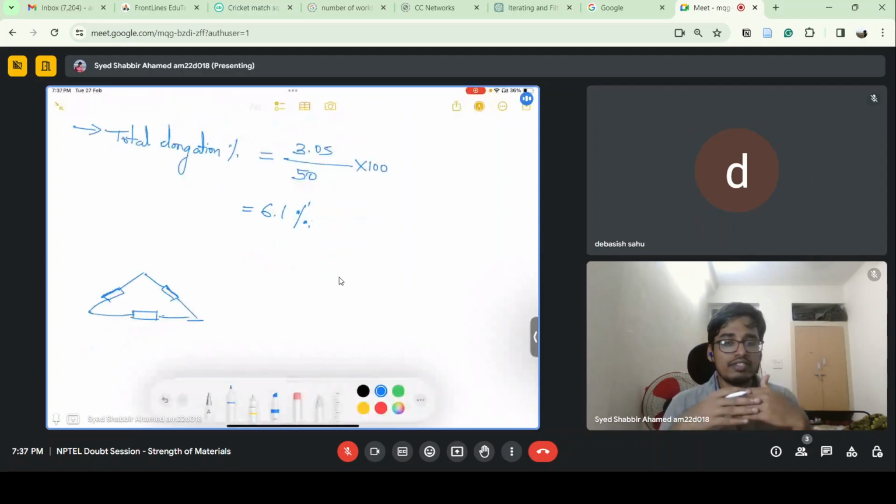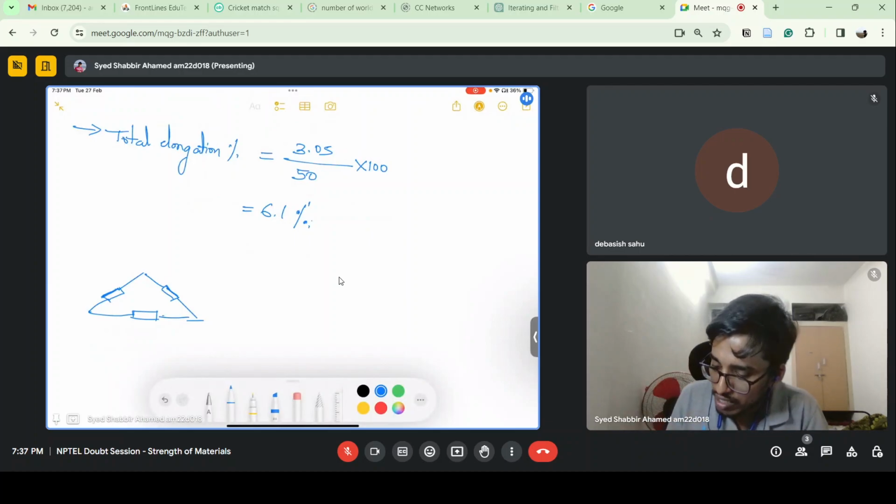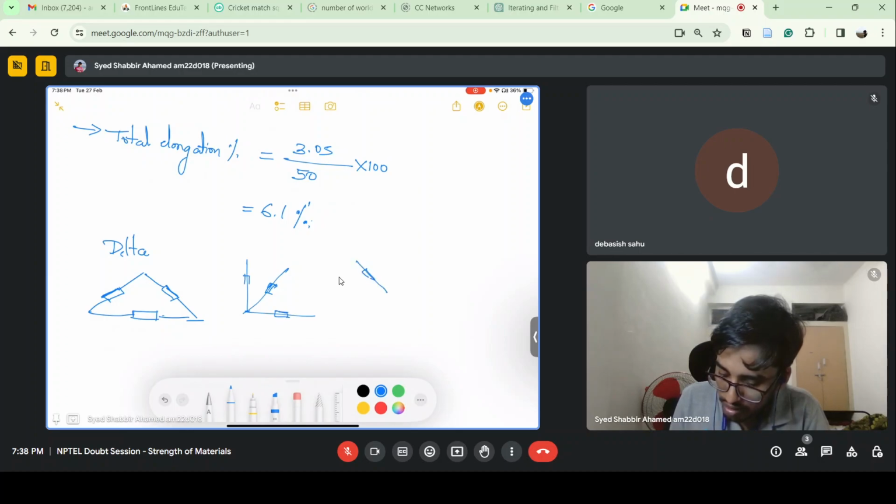So there are various configurations of strain gauges which we use, which are called strain rosettes. So you take strain gauges in three different directions. This is called a delta rosette, and there is also a rectangular rosette like this, strain gauges in three directions, and there is also a star rosette like this.